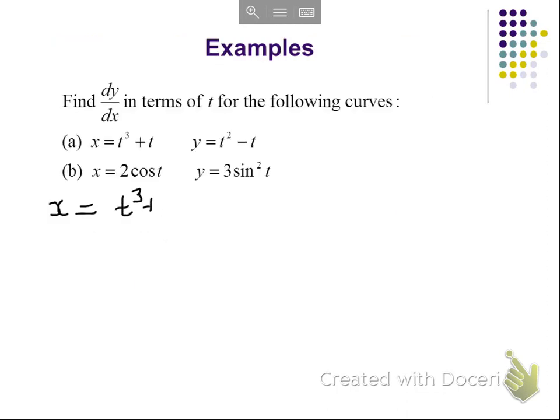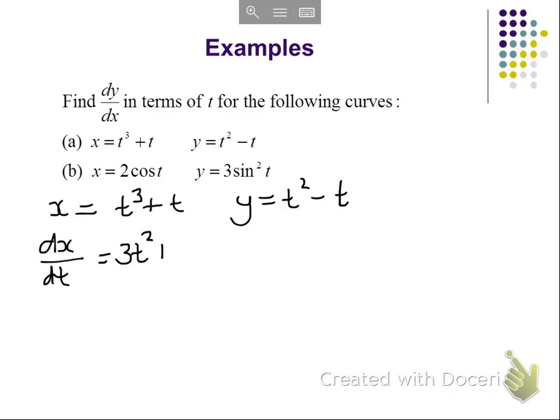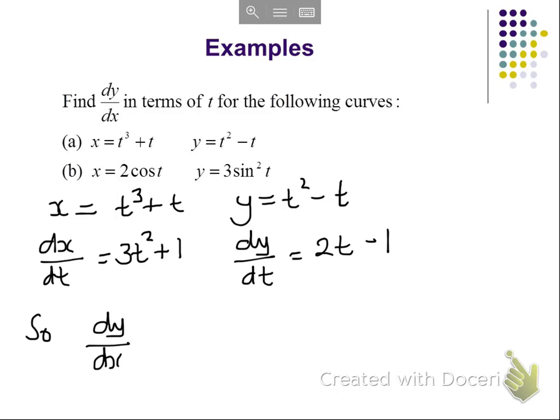In our first example, if x equals t cubed plus t and y equals t squared minus 1, then dx by dt will equal 3t squared plus 1, and dy by dt will equal 2t. Therefore, dy by dx will equal 2t over 3t squared plus 1.